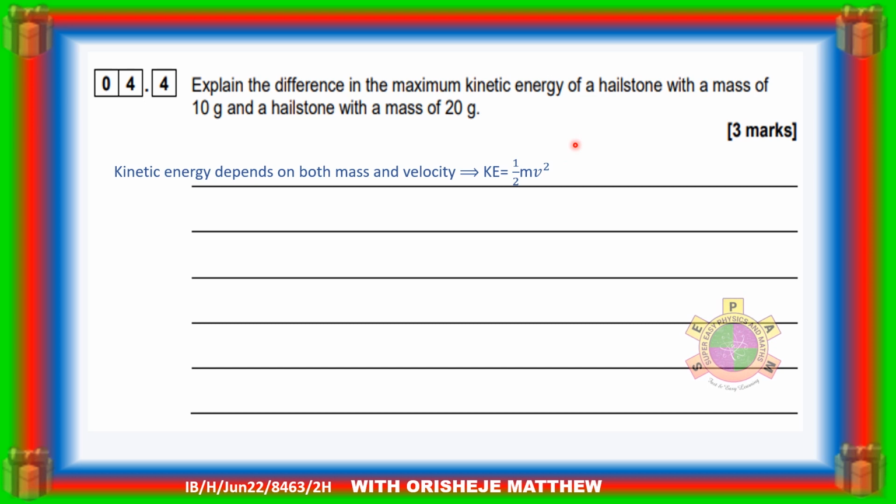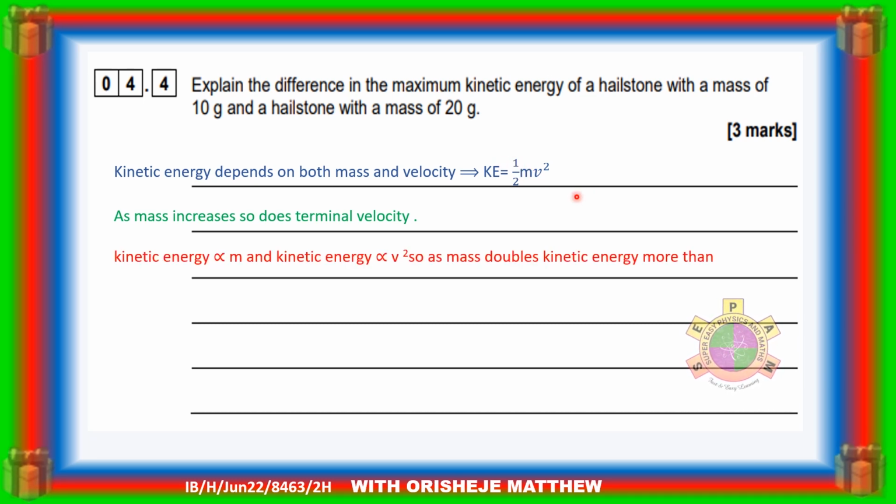So we have that. This is just a guide for us to be able to carry out the calculation. And then the next thing is that as mass increases, mass is directly proportional to kinetic energy, and the kinetic energy is also directly proportional to the square of the terminal velocity of the hailstone.